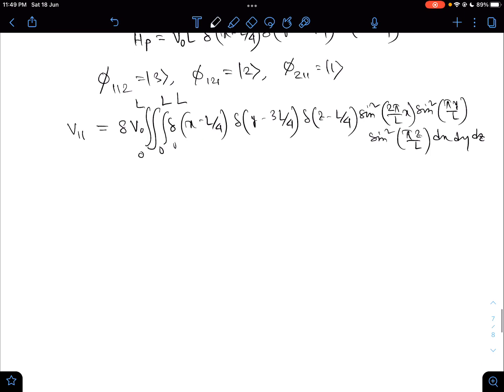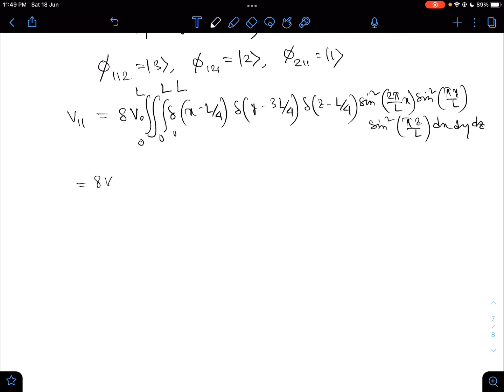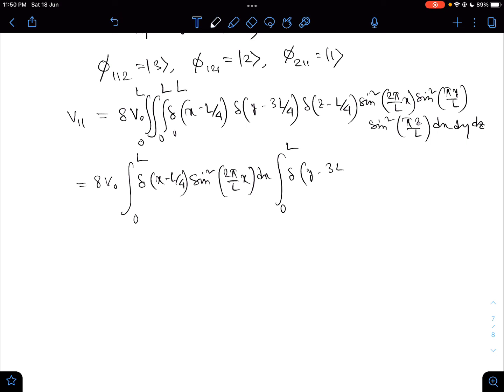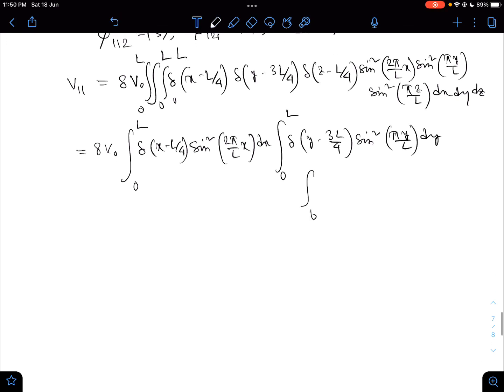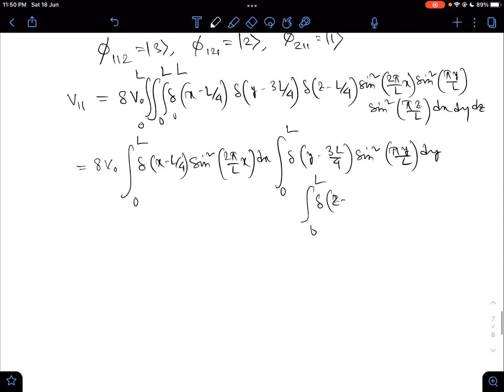So we can calculate this. Basically we will have 8V0. First we will put our x limit: delta(x minus L/4) sine square 2 pi x by L dx. For y we have 0 to L, delta(y minus 3L/4) sine square pi y by L dy, and for z we have 0 to L, delta(z minus L/4) multiplied with sine square pi z by L dz.